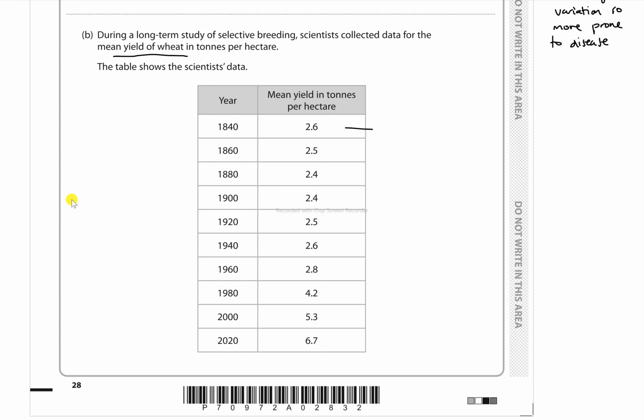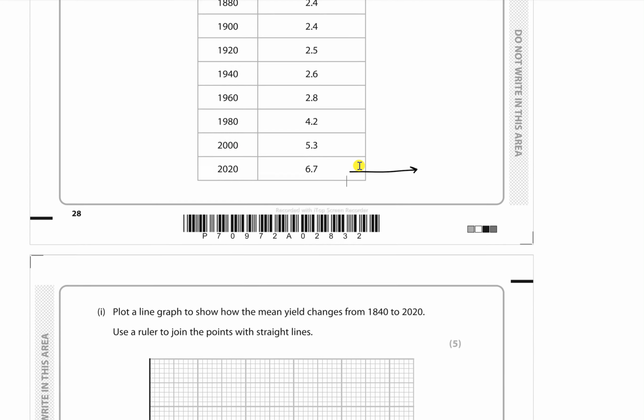So in 1840, it went from 2.6 to 2020. In almost 200 years, it's gone from 2.6 all the way to 6.7 tons per hectare. Wow. Okay.